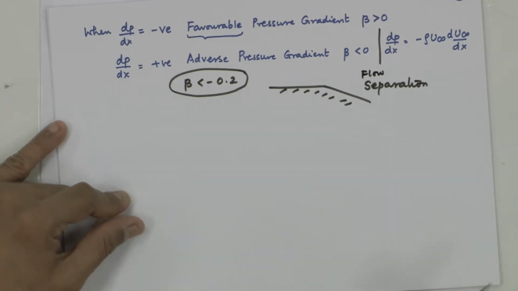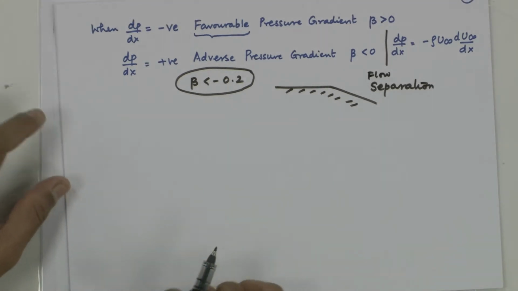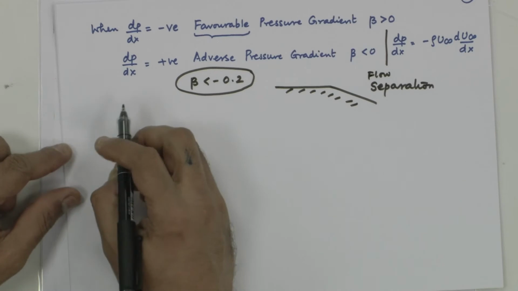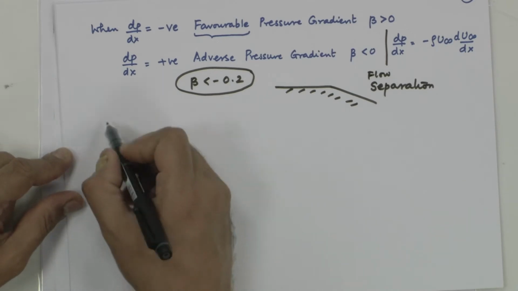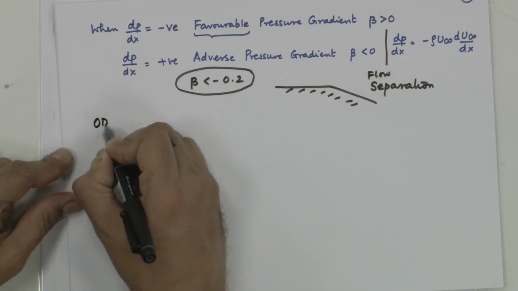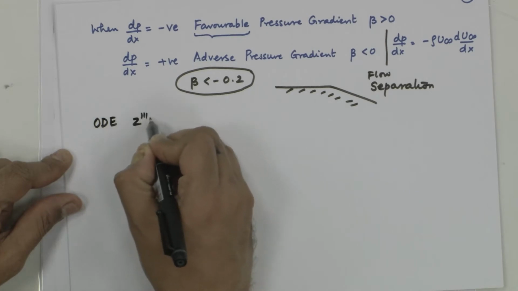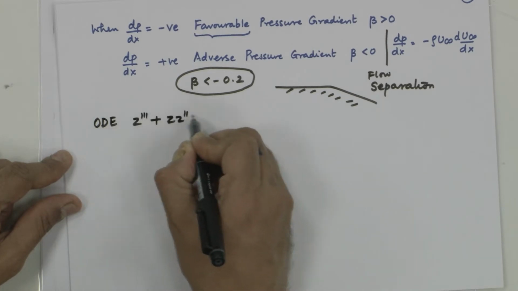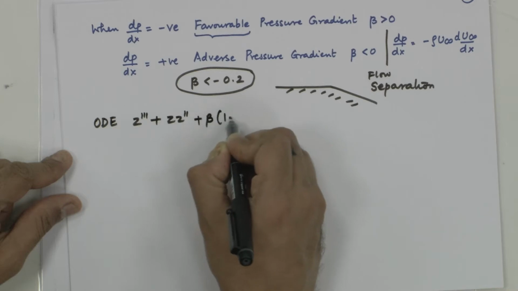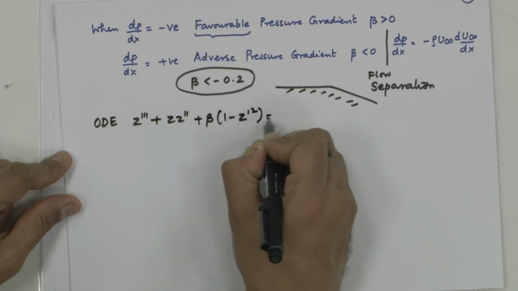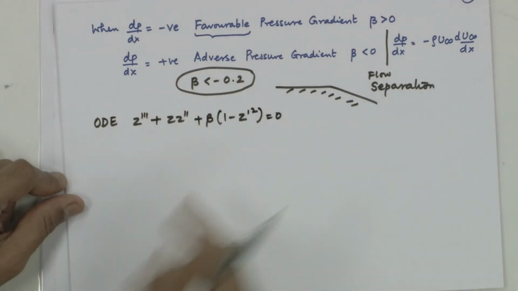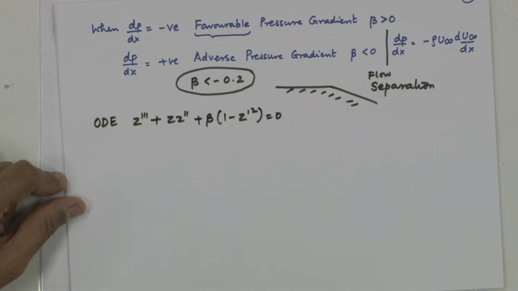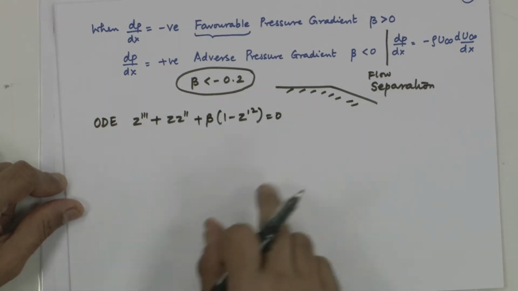That means, why I am telling you all this, though we had a general differential equation. So, we got an ODE: z triple prime plus z z double prime plus beta into 1 minus z prime squared equal to 0. The f equation was transformed to the z equation, and vice versa.